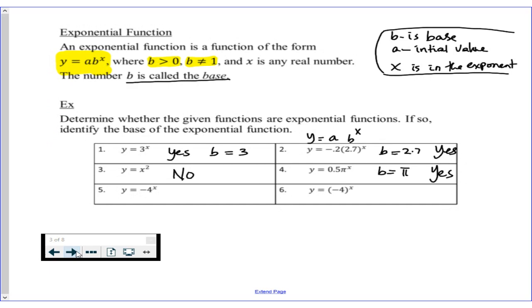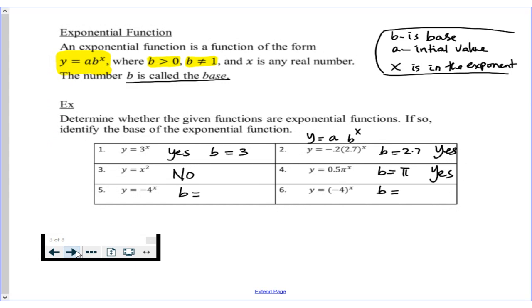So what is the base for this one? For number 5, what is the base? -4, okay. What about number 6? -4 again.